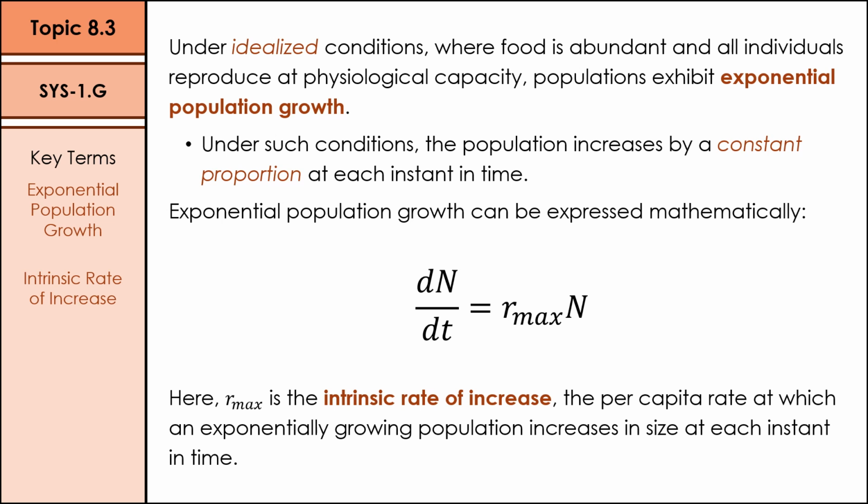And so when we consider the growth rate, that change in population over a change in time for an exponential growing population, we have our rate of increase, our r, and that is at a maximum. So our rate of increase is as much as possible. It is our r max, our greatest rate of increase, multiplied by our population. So this is looking at a population that is ever increasing.